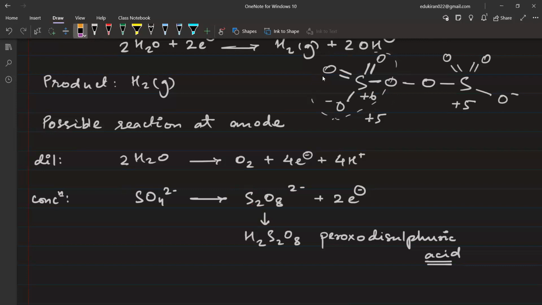SO4 2 negative plus 2 electrons is going to give you, here we have +5. We take 2 moles of SO4 2 negative. 2 moles of SO4 2 negative and H2O8 is going to give you peroxydisulfuric acid.